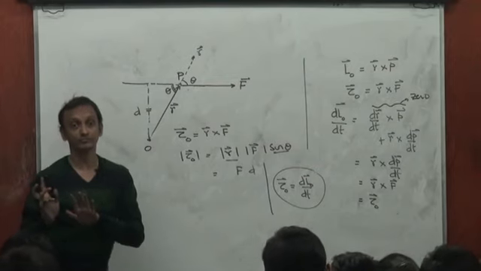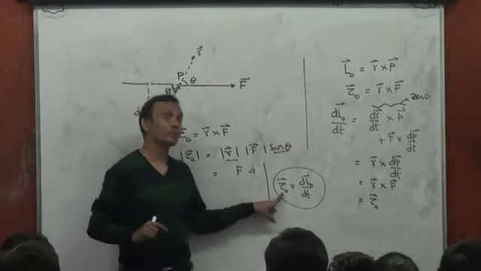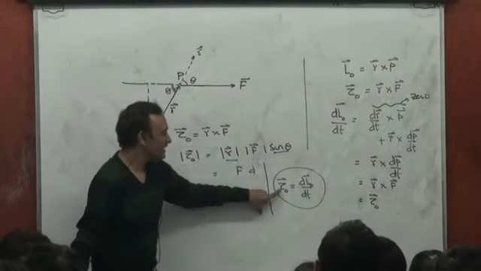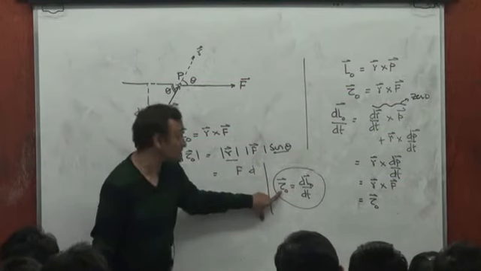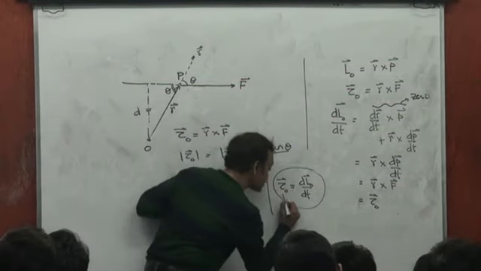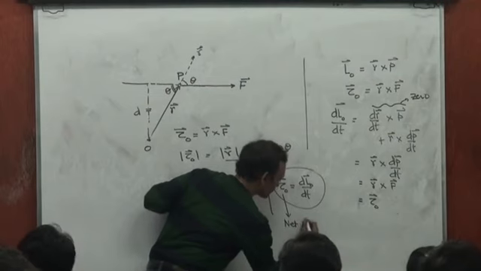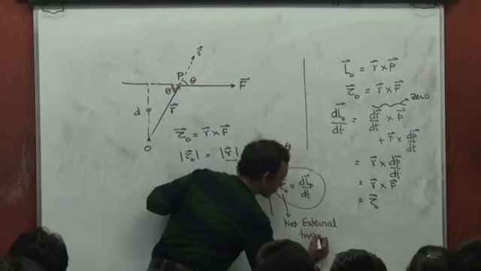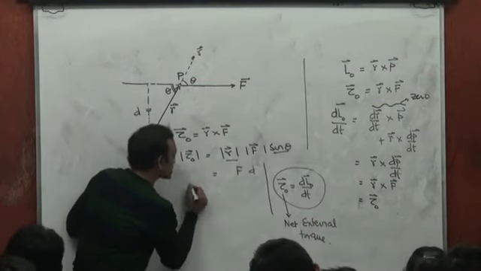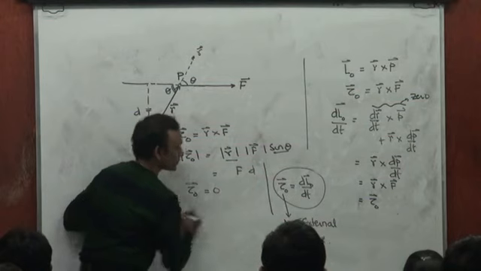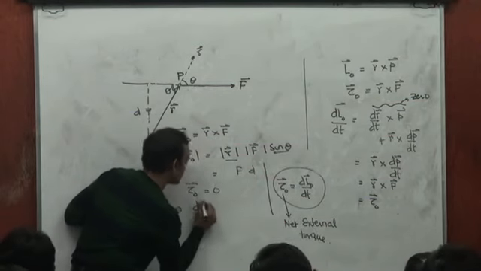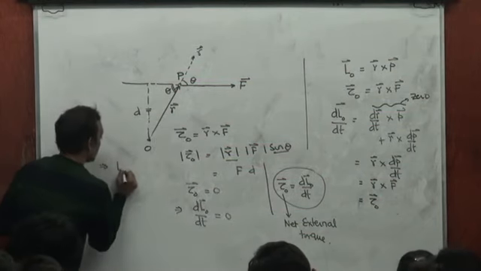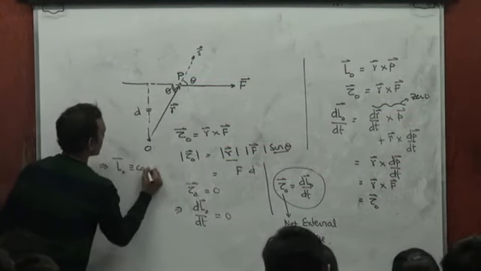And if the net torque about a point is 0, then L must be constant, isn't it? This is the net external torque. If the net external torque is 0, this would imply that dL/dt is 0, implying that L must be a constant.